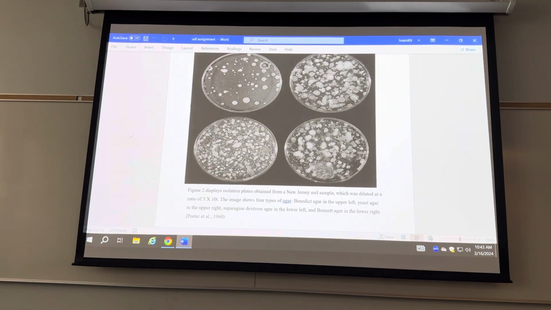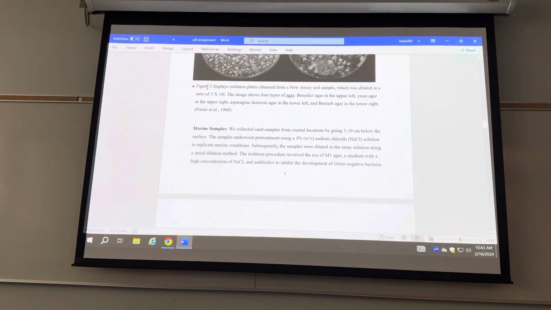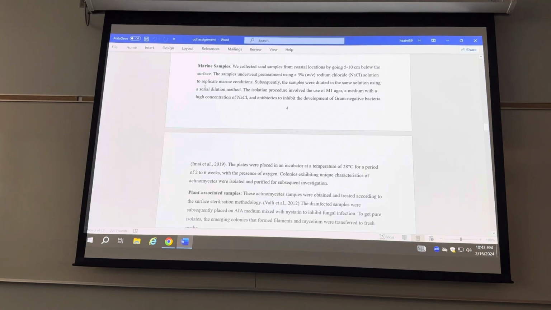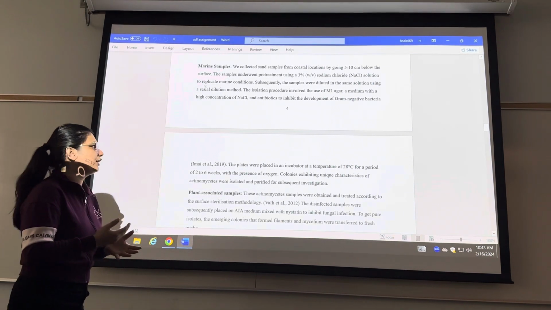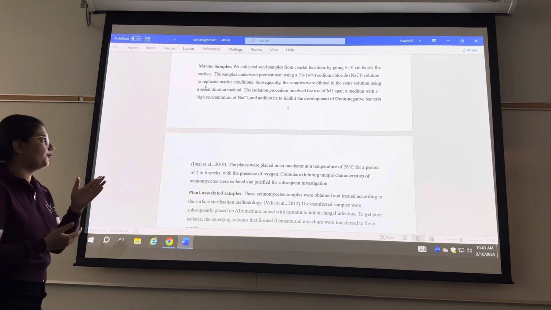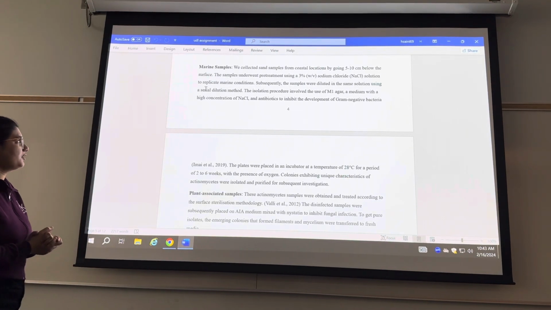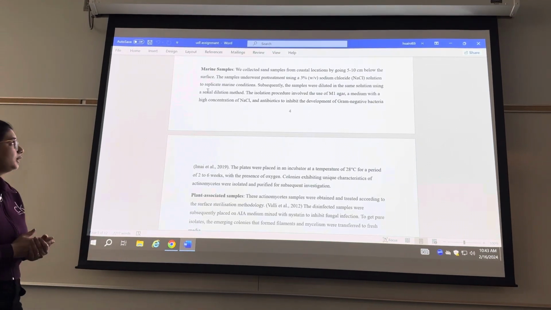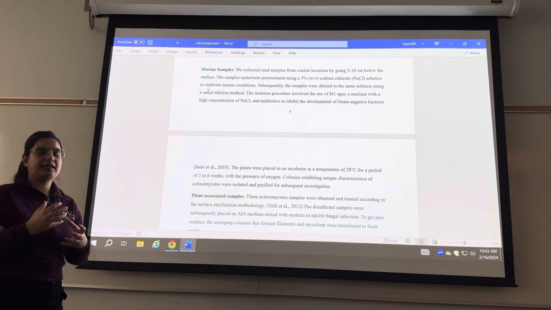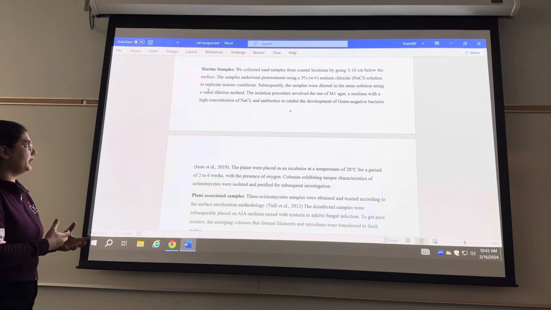Next is our isolation from the marine sample. Similarly, we took the sample from a coastal location, 5 to 10 centimeter below the surface, and then the samples were treated with sodium chloride solution so that it replicates the marine conditions.